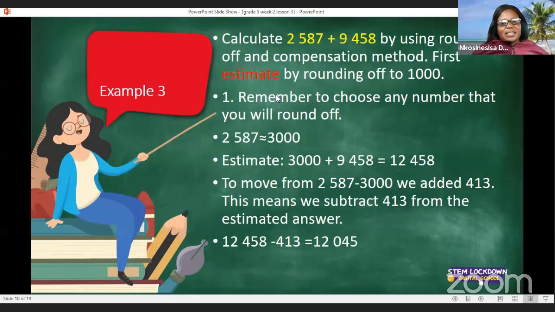First, estimate by rounding off to 1,000. Remember to choose any number that you round off. So here, I chose 2,587. And then remember, we're rounding off to the nearest 1,000. So 2,587 to the nearest 1,000 is 3,000, right?